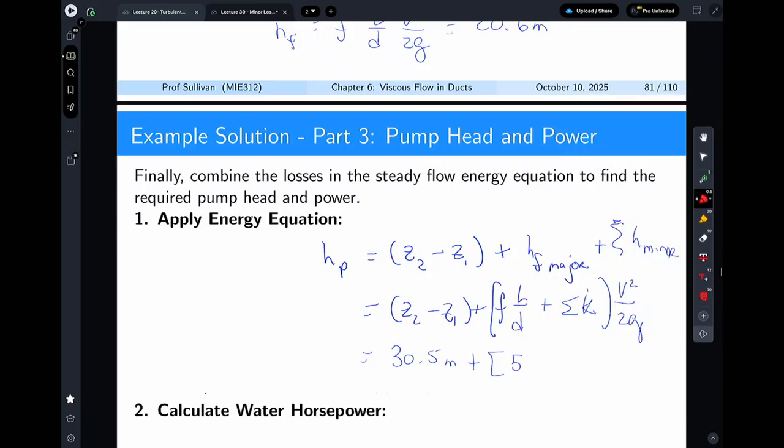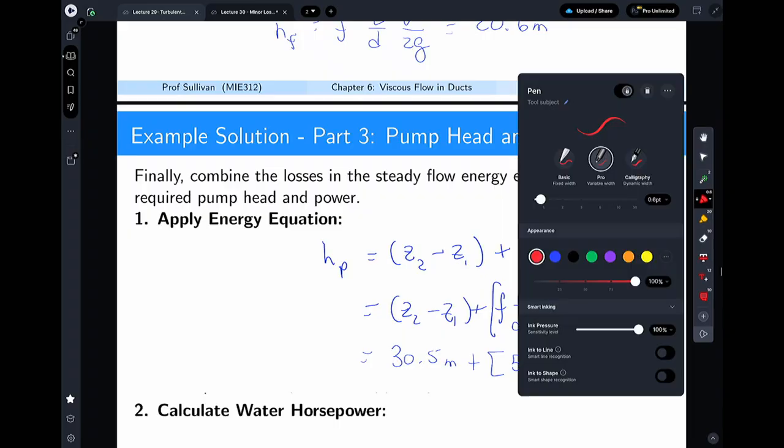I'm not going to do all the numbers here, but this is from that table, and it's equal to 13.4.